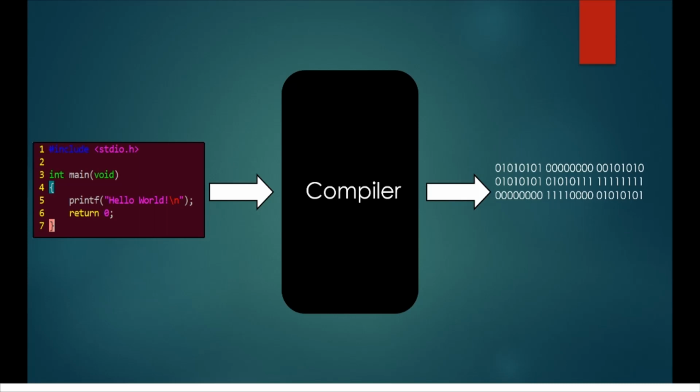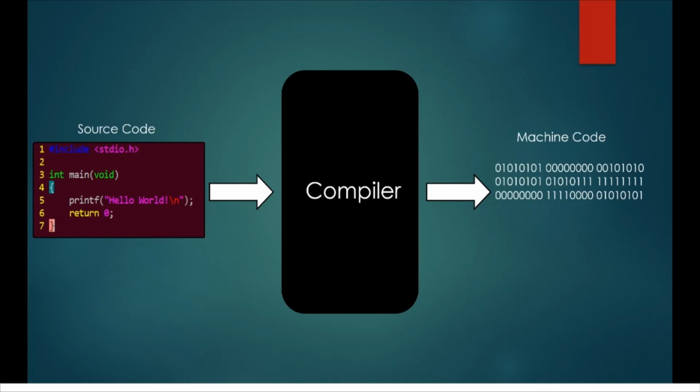And the compiler is going to take care of mapping the code that we've written into some patterns of zeros and ones that the computer can execute. And again, we don't have to worry too much about the implementation of a compiler. We just need to know what it's going to do and how to use it.